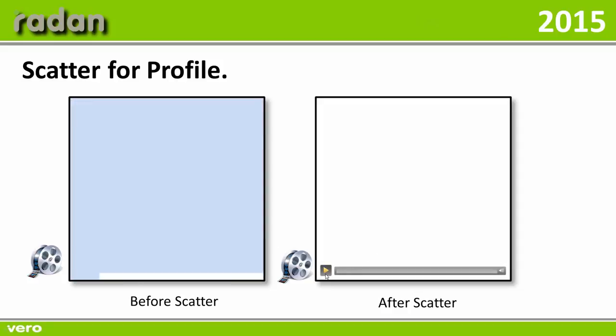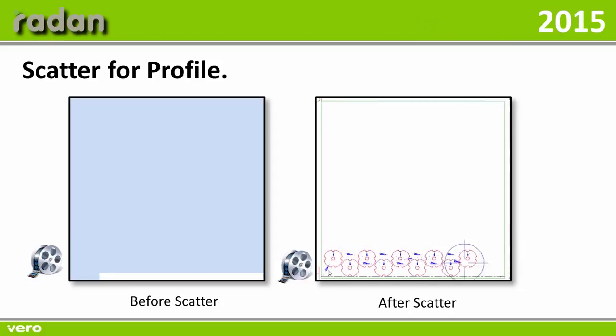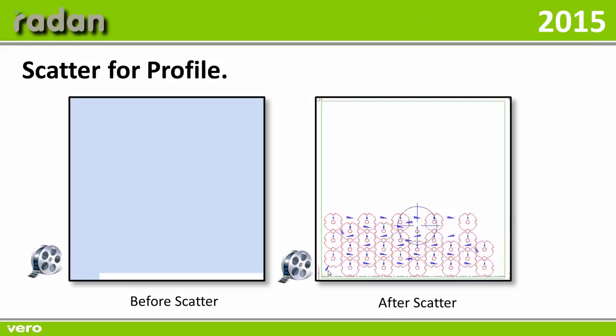Let's run that same program but enable the scatter command. And what you will see is that alternative parts are being cut. So it is skipping at least one part. Now this is useful for heat avoidance and heat build-up in the sheet.